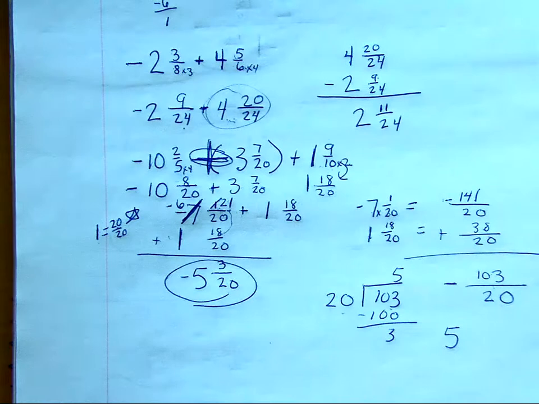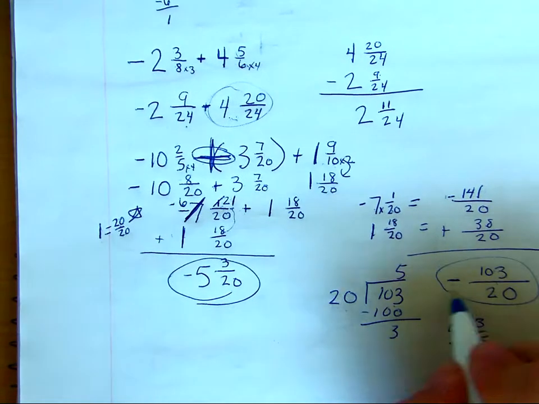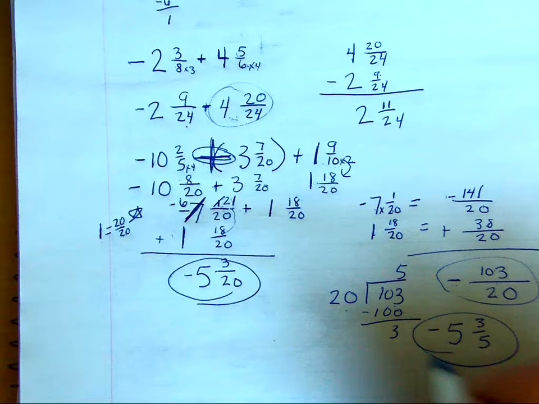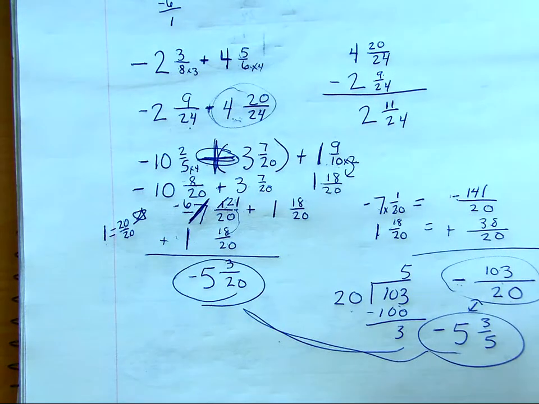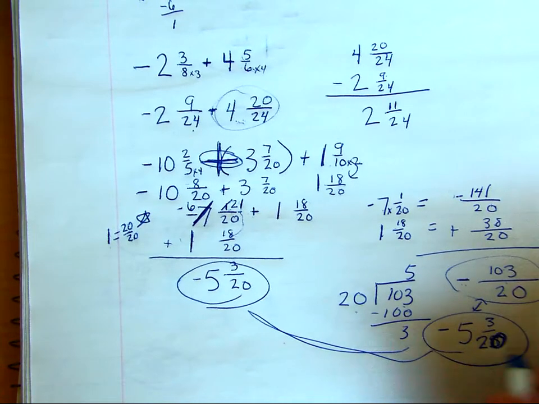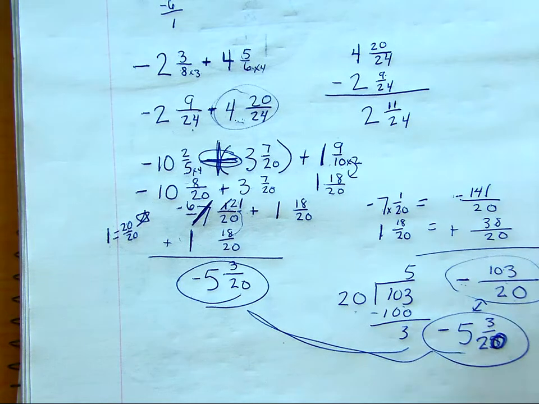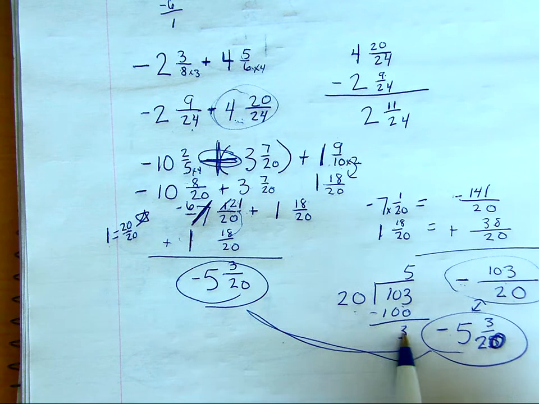There's 3 left over. So it's 5 and 3/20, but this is a negative answer, and it's the same thing. All 3 of these are the same. All of these are the same answer. So negative 5 and 3/20.